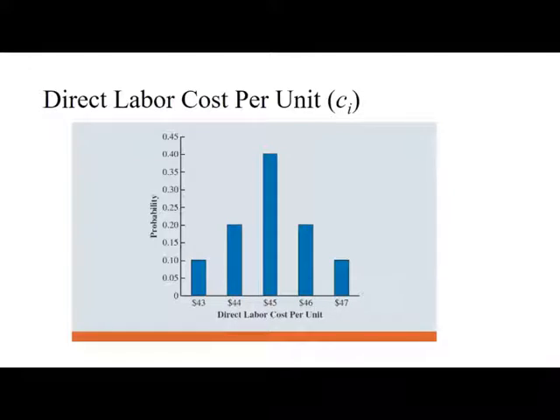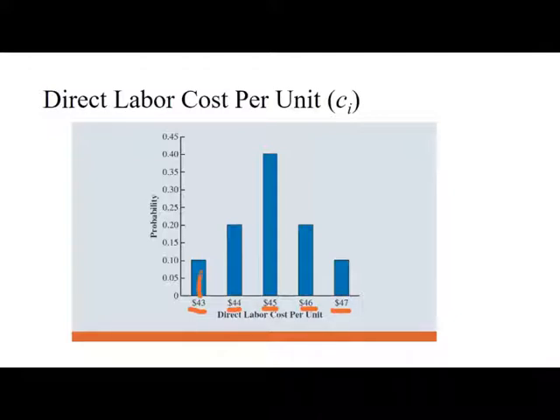The possible values for the uncertain parameter direct labor cost per unit are $43, $44, $45, $46, or $47. The relative likelihoods of these 5 values are given by the heights of the bars in this chart.